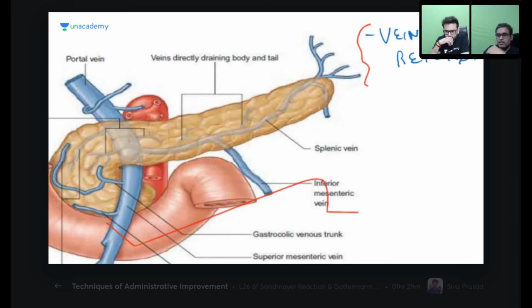Sure. Okay. So yes, this was a portocaval anastomosis, the vein of Retzius. I was telling you what is the clinical use of it. Supposedly, you are a surgeon and you want to operate on the posterior abdominal wall, for example a kidney stone, and the patient is a chronic case of liver cirrhosis or end-stage liver disease or any problem in the liver.